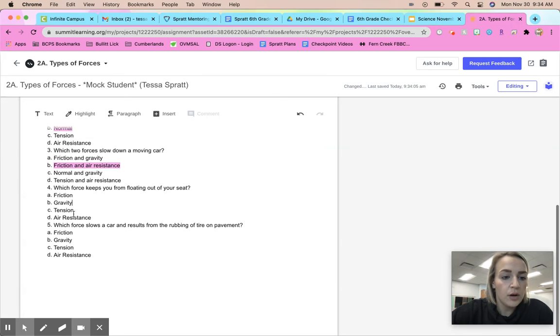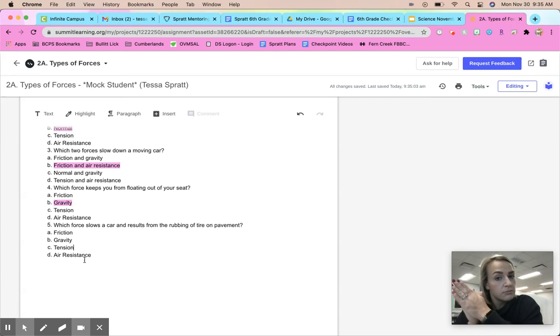All right, number 4. Which force keeps you from floating out of your seat? Friction, gravity keeps us down, tension, pulling tight on a rope or a string, or air resistance, going over a car or a ball. It's going to be gravity. Gravity is what keeps us in our seat. Number 5, which force slows a car and results from the rubbing of tires on a pavement?